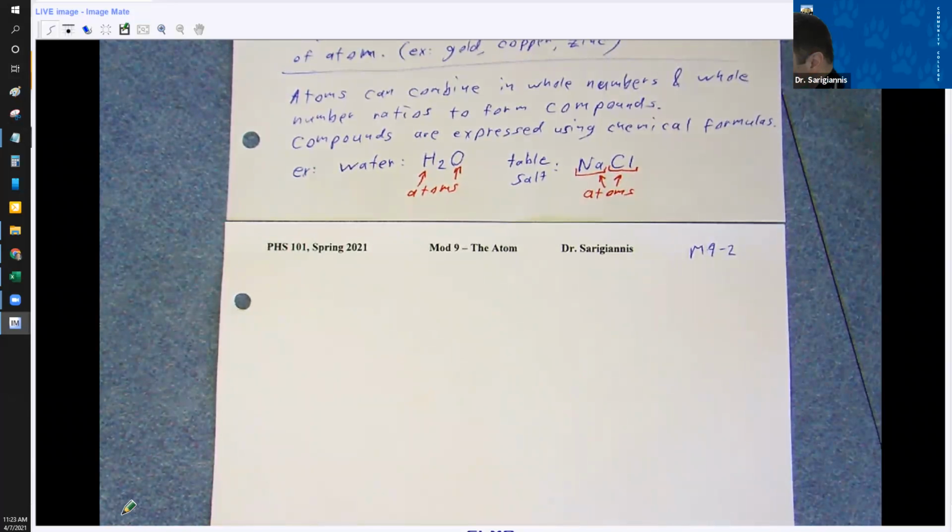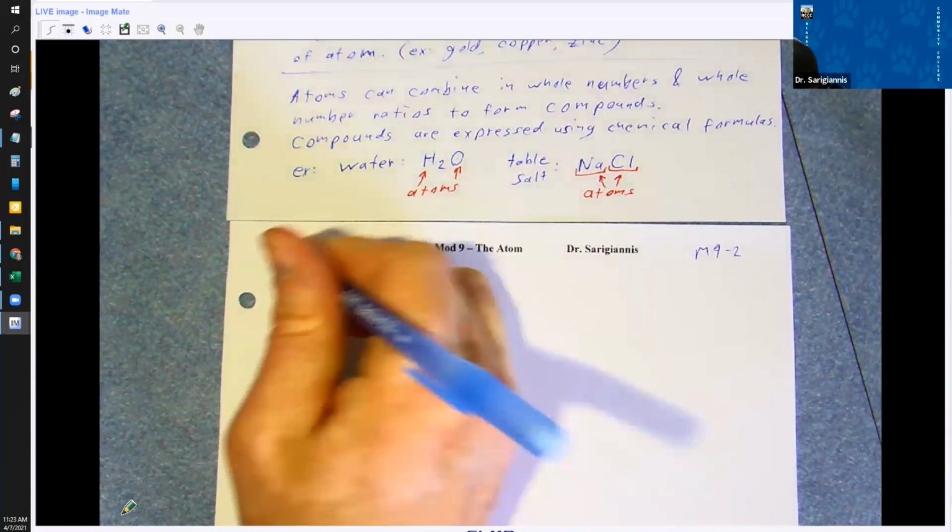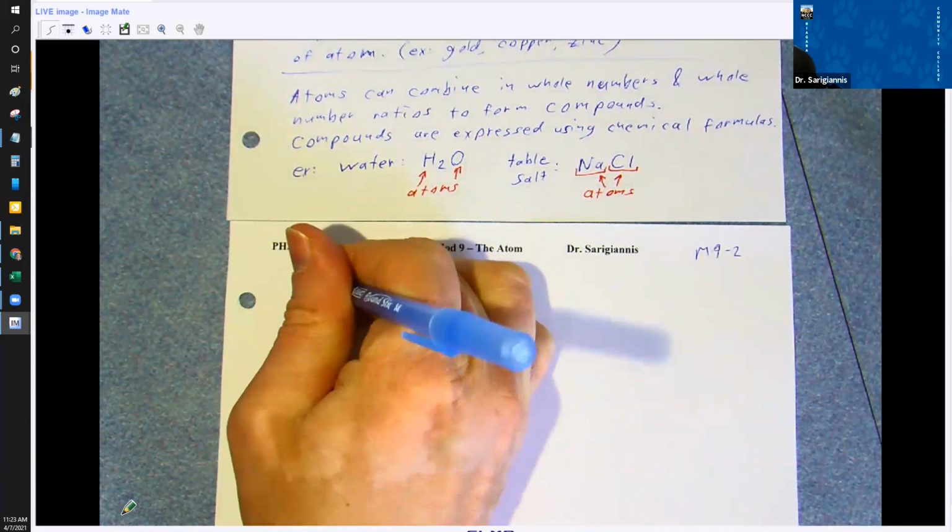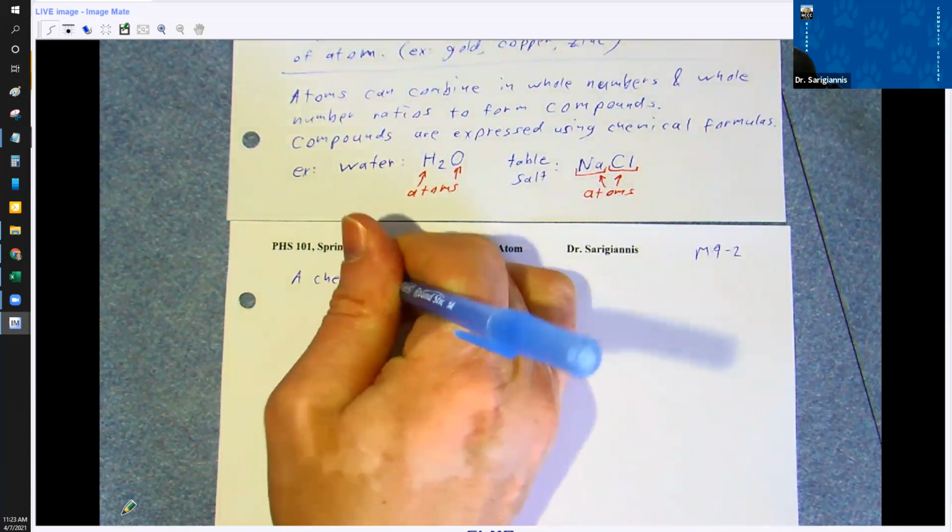Well, how do these things combine? How do atoms form compounds? Well, you have what's called a chemical reaction.